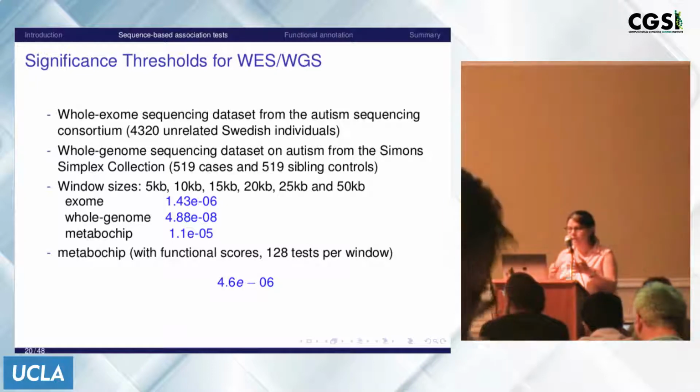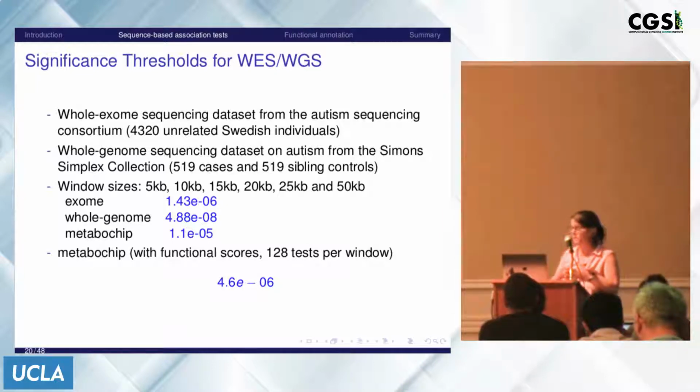We can also get study-specific thresholds. I mentioned the Metabochip study where we looked at 100 regions. For that study, the threshold is 1 times 10 to the minus 5. And if we incorporate functional annotation, so instead of 1 test per window we now have 128 tests per window, then the threshold is a little bit more stringent, but it's not as stringent as it would be if you did a Bonferroni adjustment.